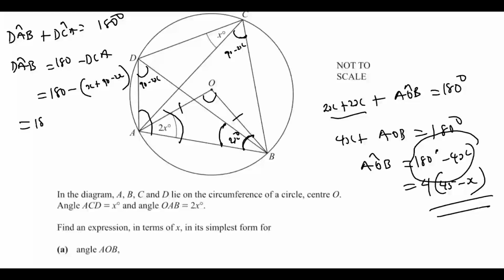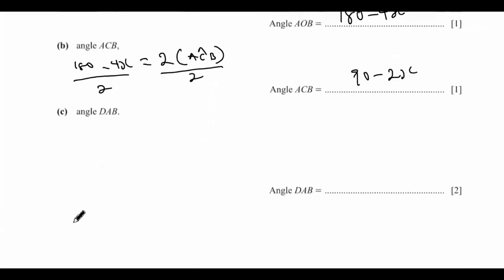That will be 180, then minus x, then minus 90, then plus 2x. If you open the bracket with minus, it changes the signs. 180 minus 90 is 90 degrees, then minus x plus 2x is plus x. So that is the value of angle DAB. So this will be 90 plus x.